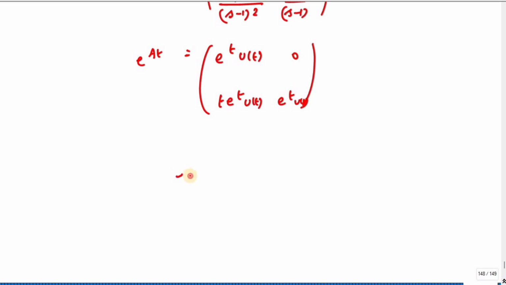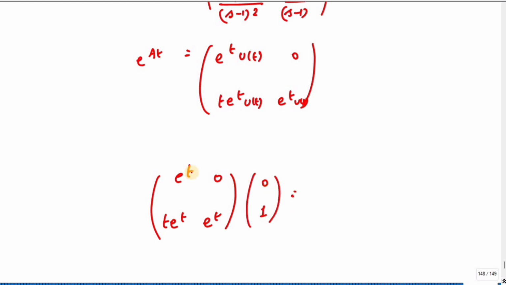So now you multiply with this one. This is your e power At term, and I can write it like this. Then you have to multiply with 0 and 1. So e power t is multiplied with 0, and plus 0 is multiplied with 1, so we will get the answer as 0. And similarly, e power t is multiplied with 1 means you will get e power t.